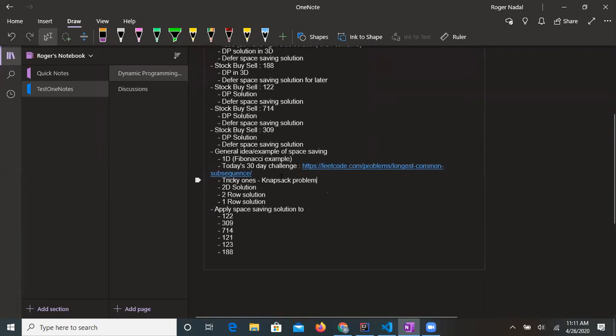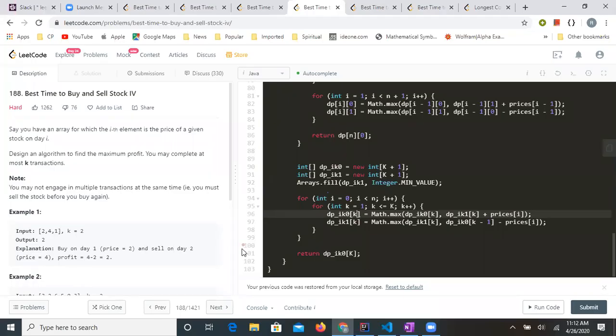But then also I wanted to see, in one discussion we talked about knapsack: people write a 2D solution very easily, but when they say a 1D solution with just one row, it becomes tricky. So I had that, and then after that, I would have applied all this to all the problems we had today. But as you know, there are too many things. So we'll see.